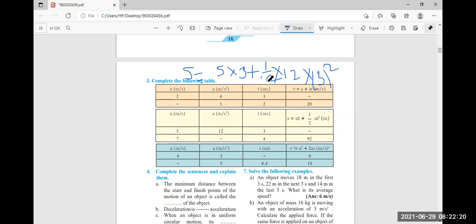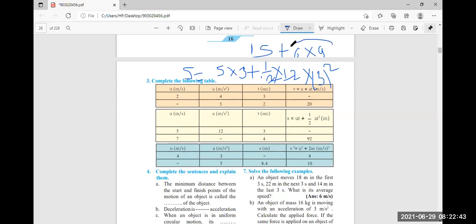Okay. So now here 2 and here 12. 2 sixes are 12. 3 square is 9. 6 into 9 is 54. And 5 threes are 15.